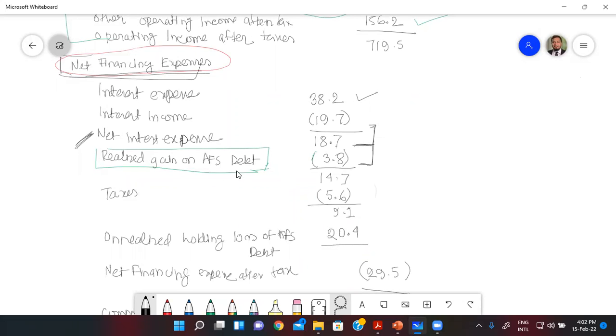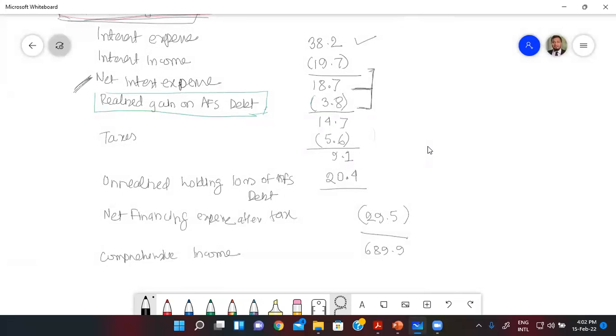Okay, we already discussed that available for sale is a debt security, a financial investment in debt security, and we have made a gain of about 3.8 million, which is in footnote 4. You see the realized gain on available for sale investment. We mentioned that we will talk about it, so it is actually here.